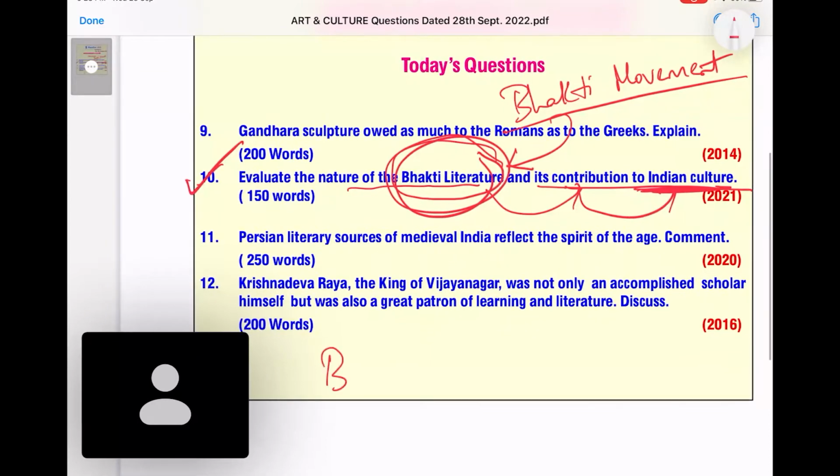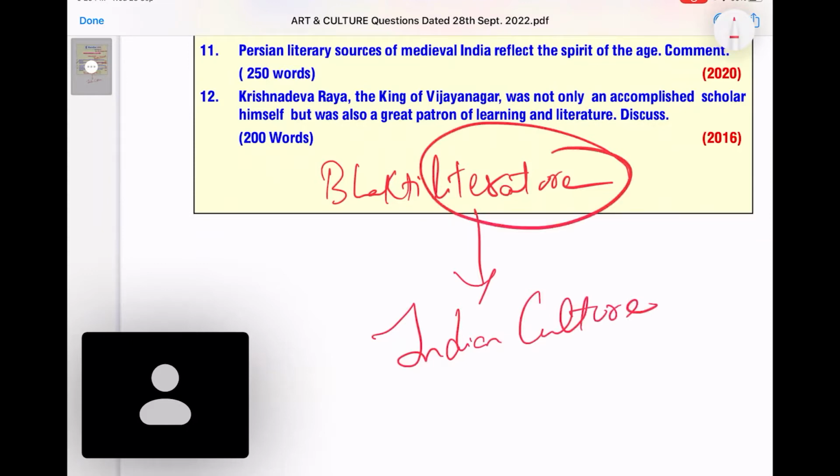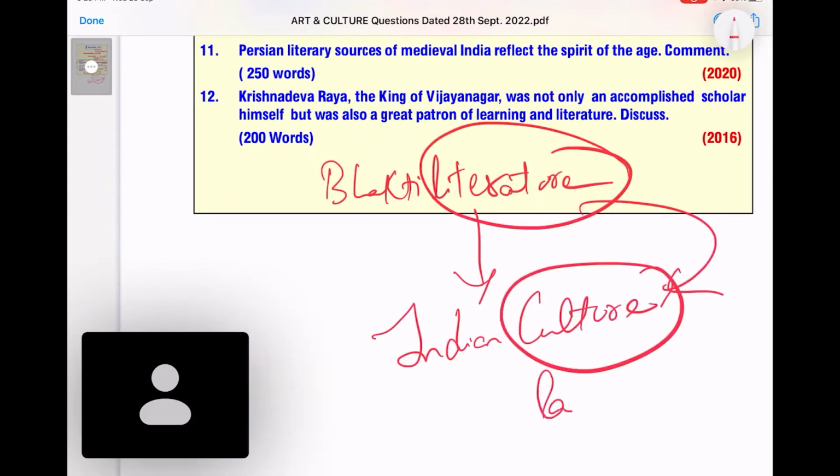What are the important aspects of Bhakti literature and its contribution to Indian culture? Literature's contribution to culture will primarily be language, and if there are other art forms, what are they?